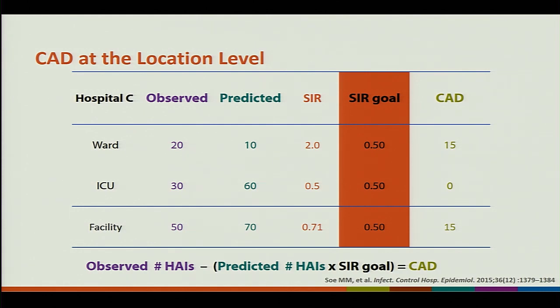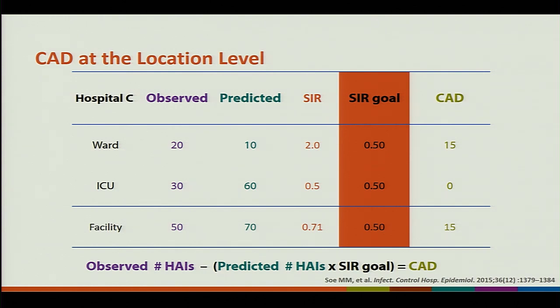Just an example from our facility here. We see that they have an SIR of 0.71, right? We look at their ward location, the observed, and their ICU location, the observed, the 30 and 20. That's where we get the 50 observed infections for our facility.